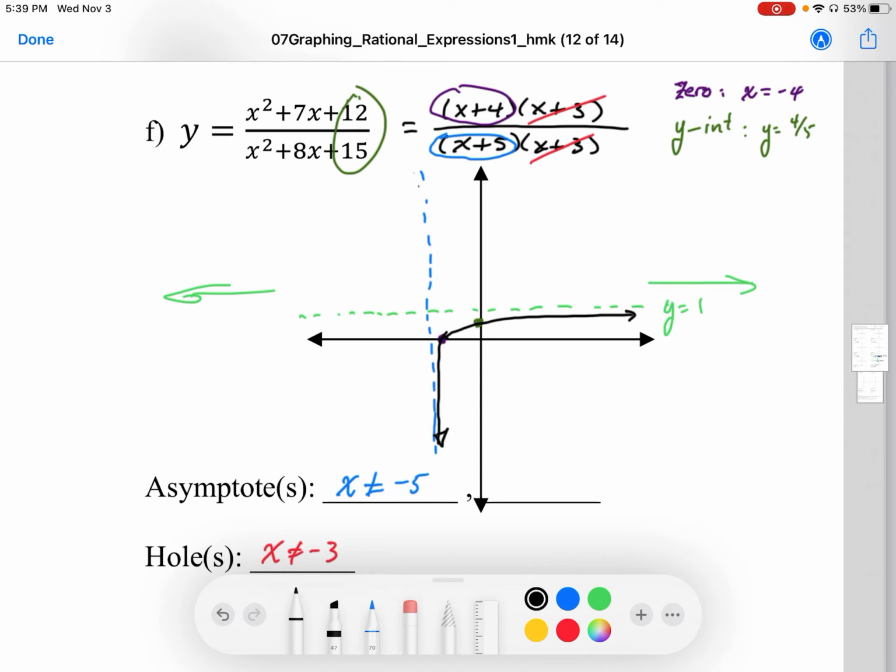Now, the reality would be that this should mirror that function on the other side. In this case, it does happen to mirror, but that's not necessarily always the case. But as long as we show something in this quadrant over here, that would be good enough.